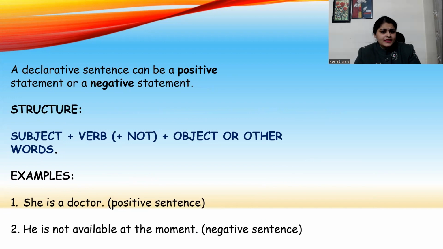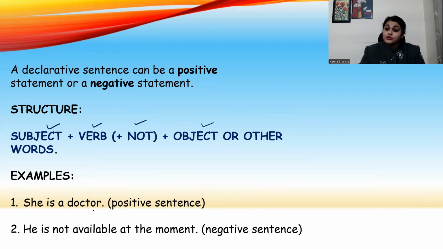A declarative sentence can be both positive and negative. The structure of a negative sentence is subject plus verb plus not or any other negative word such as never, do not, plus the object or other words.